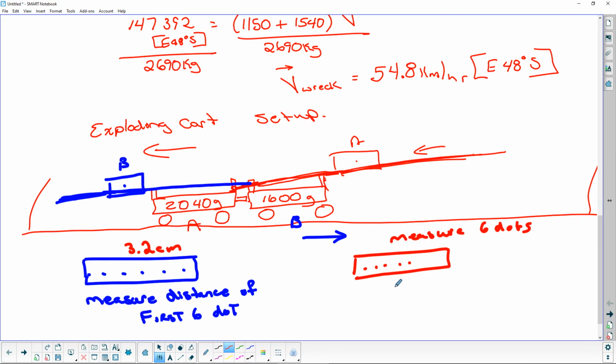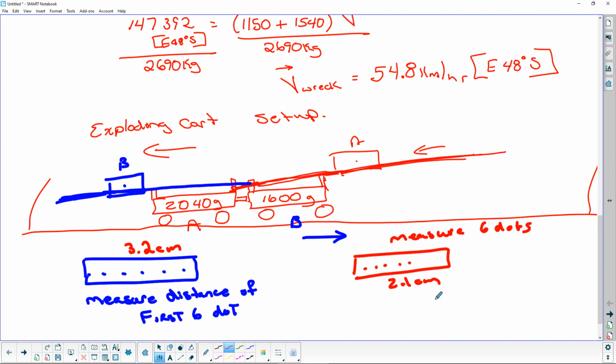And let's say that this one was, I don't know, 2.1 centimeters. Okay, so that's what you do.